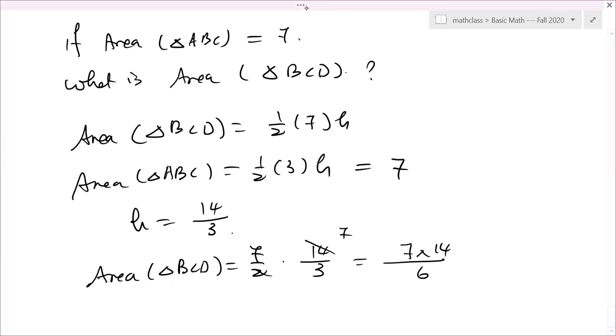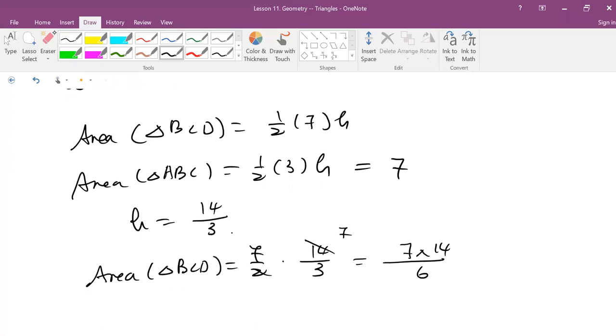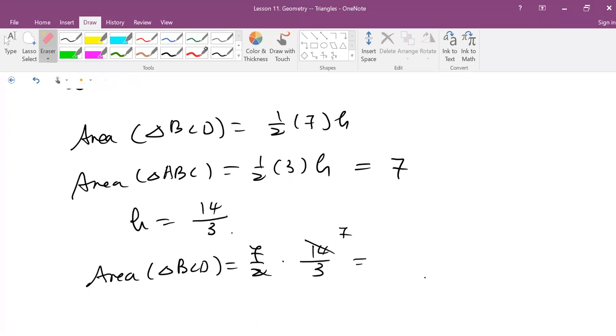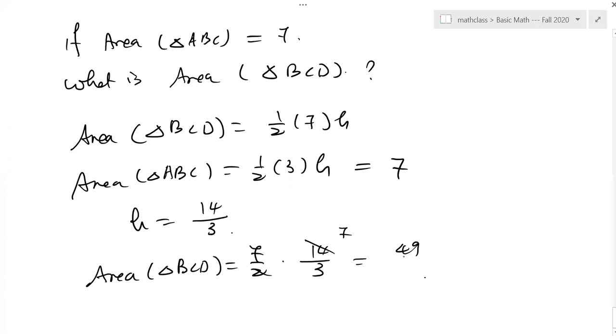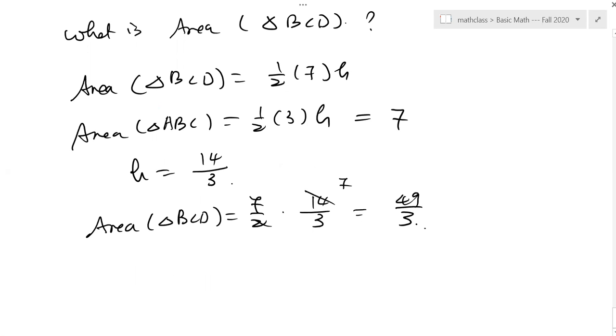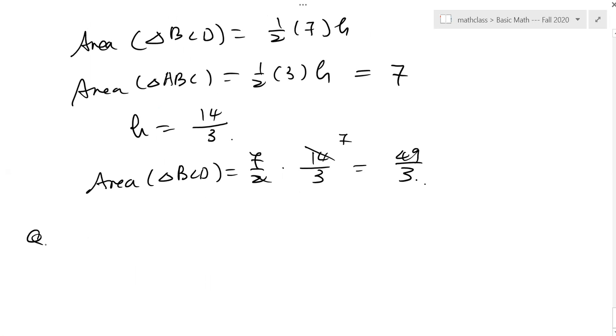So 49 over 3, since 7 times 7 is 49. So that is the area. We call it a two-step problem. You're not going to be given the height directly, but you have to find it.